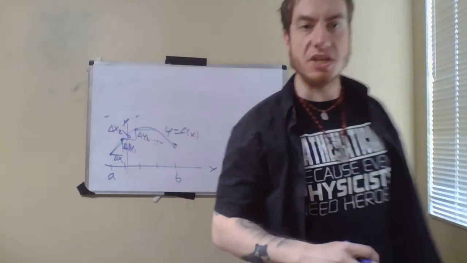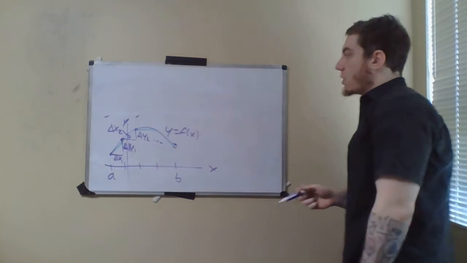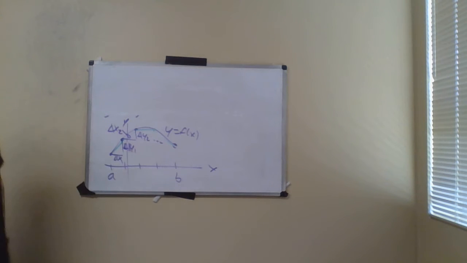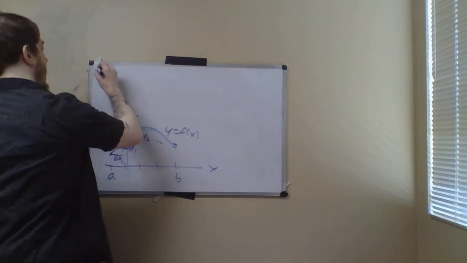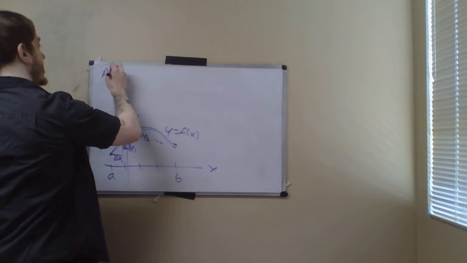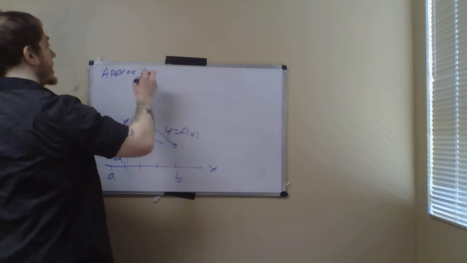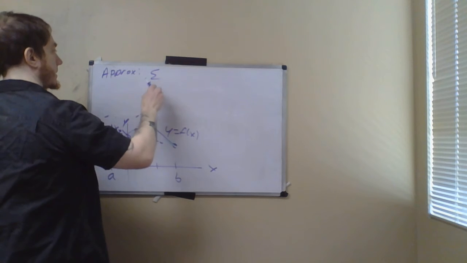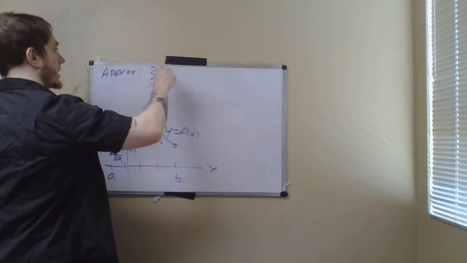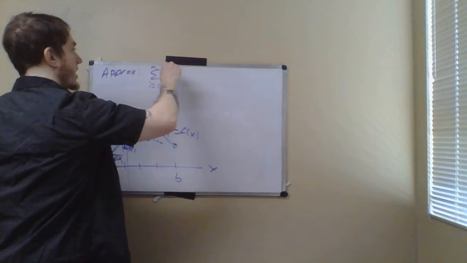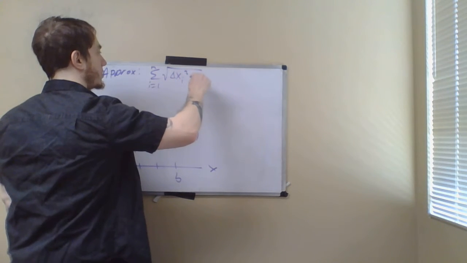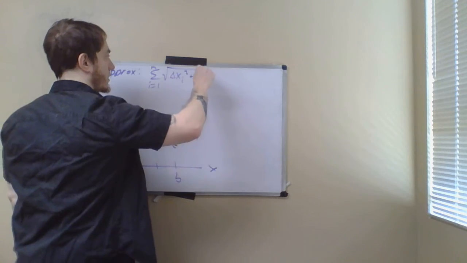So we have a bunch of these changes in x's and changes in y's. Each one corresponds to one of the straight line pieces that we have used. And so our approximate length is going to be the sum over all of the pieces of the square root of delta xi squared plus delta yi squared.